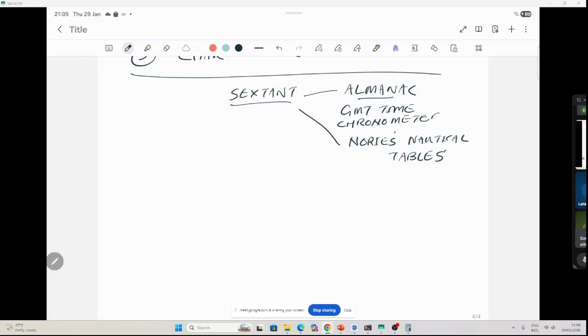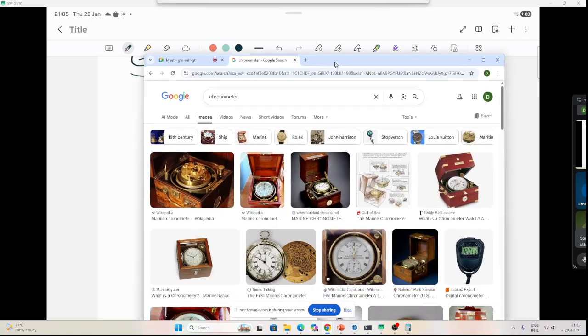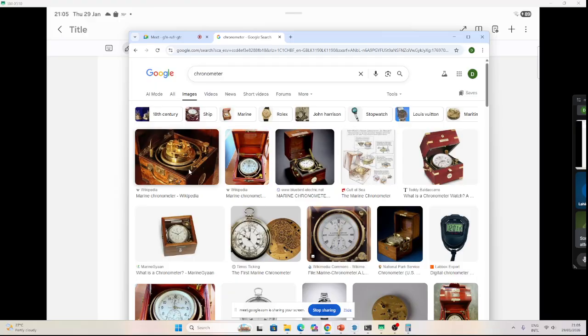Okay, let me show you what the chronometer means. Okay, can you all see this? Yes, sir.